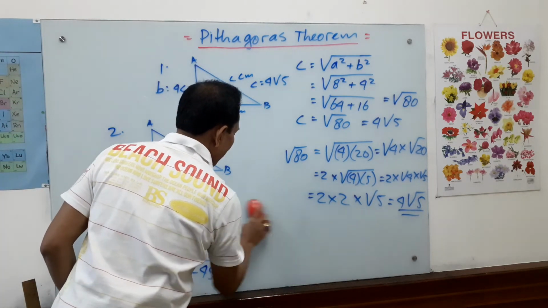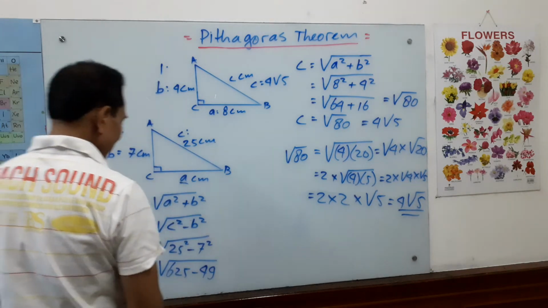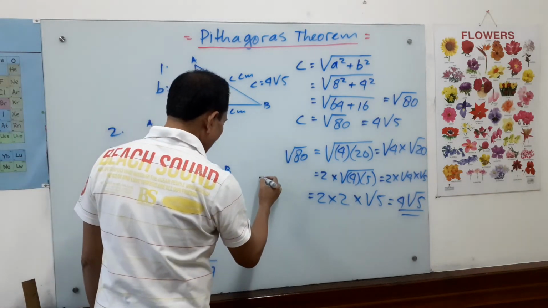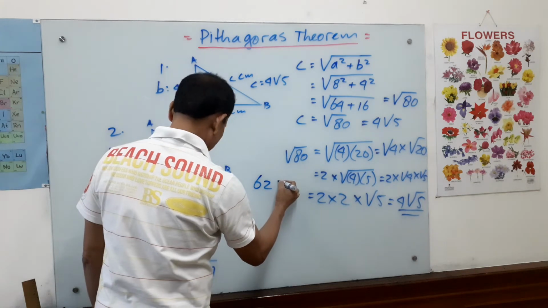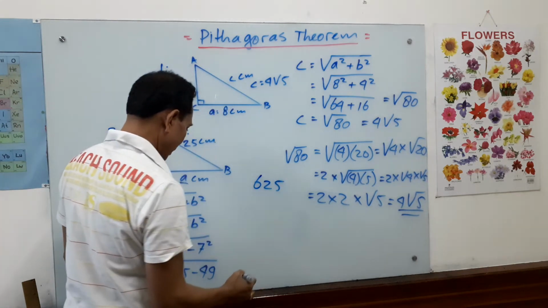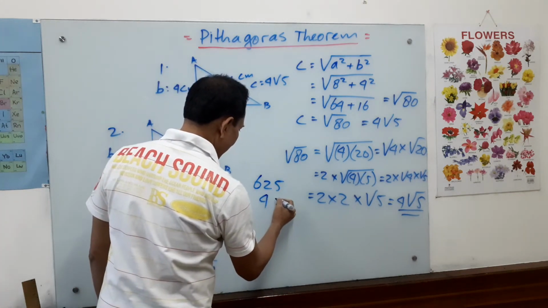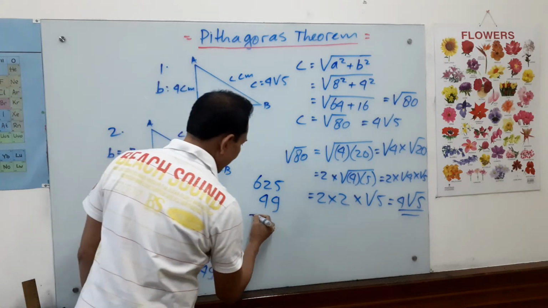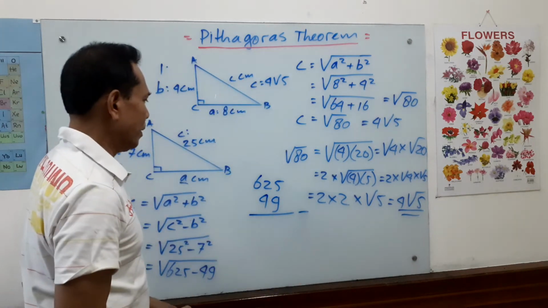So let's look at this. We subtract this, 625 minus 49.